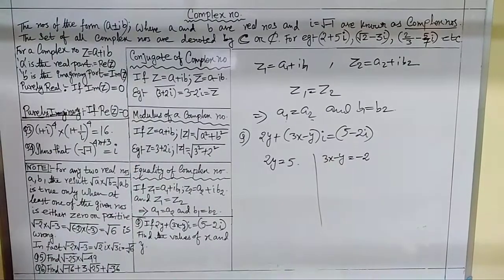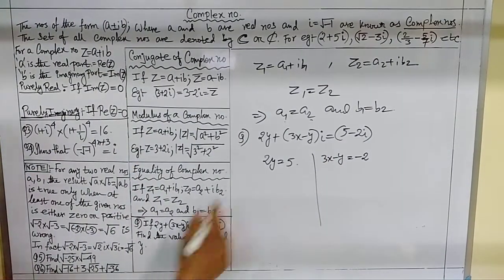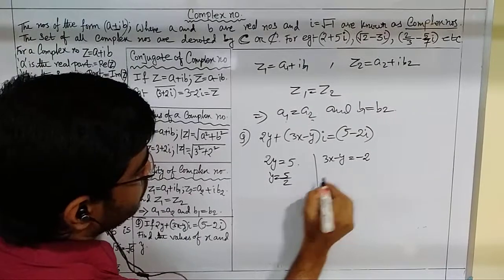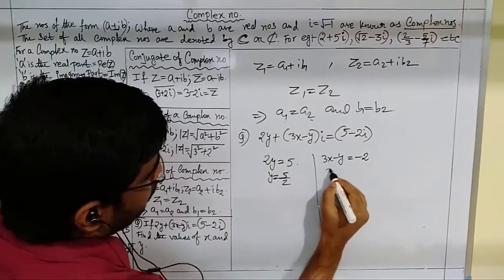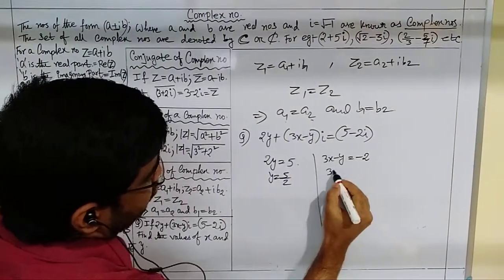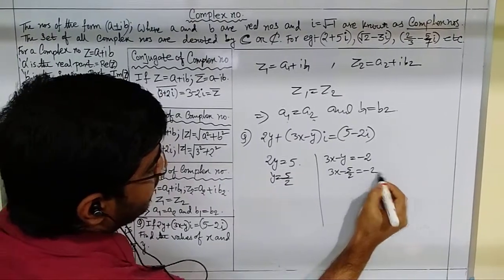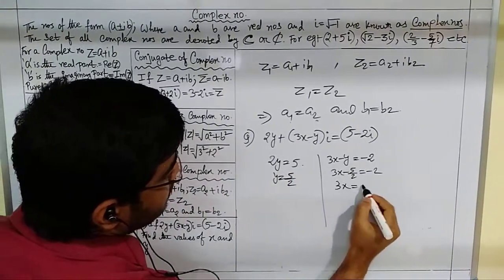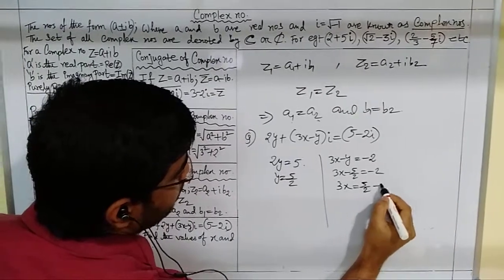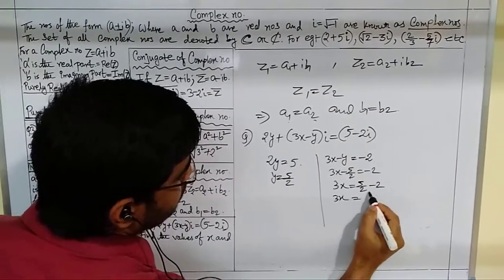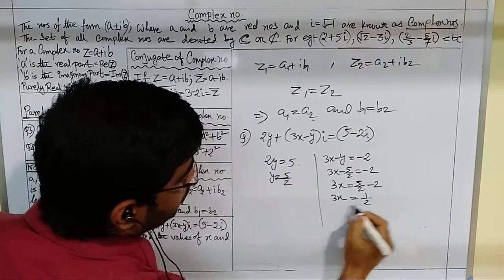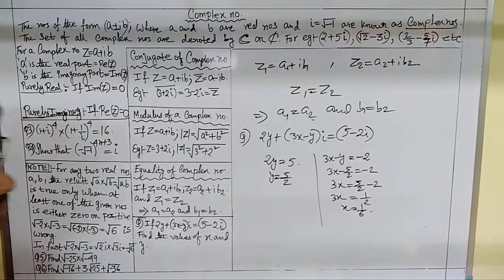Always take the sign while equating. So y will be 5 by 2, and putting the value of y here, 3x minus 5 by 2 equals minus 2. So 3x is equal to 5 by 2 minus 2. So 3x is equal to 1 by 2 and x is equal to 1 by 6.